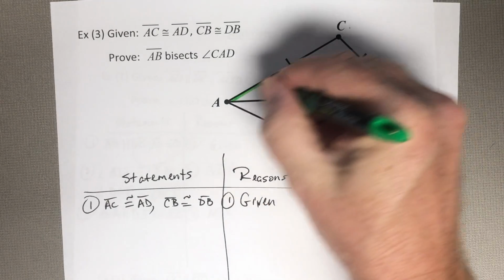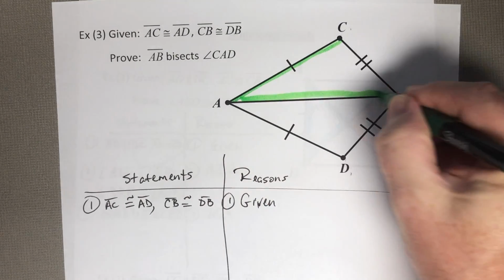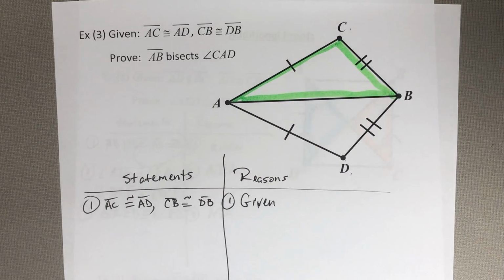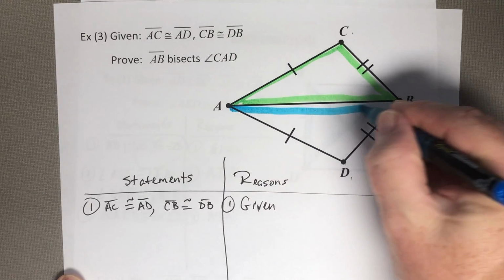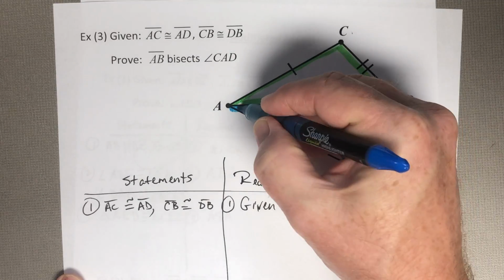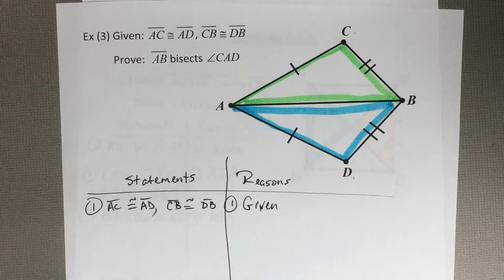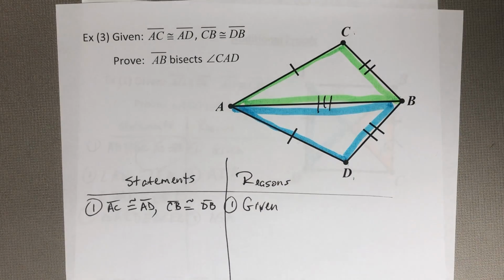All right, well, I can see that there's two triangles that might be congruent. I'm looking at triangle ABC, that upper triangle right there, and it looks like that triangle could be congruent to that lower triangle, triangle ABD. Well, I've already got two pairs of parts marked congruent from those two. So I'm going to find another pair. Well, I happen to see that they have a common side, that being segment AB.